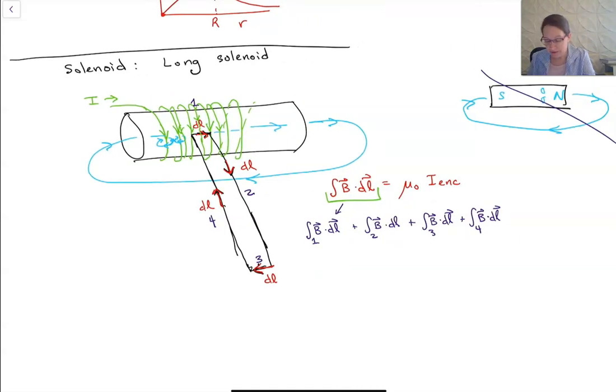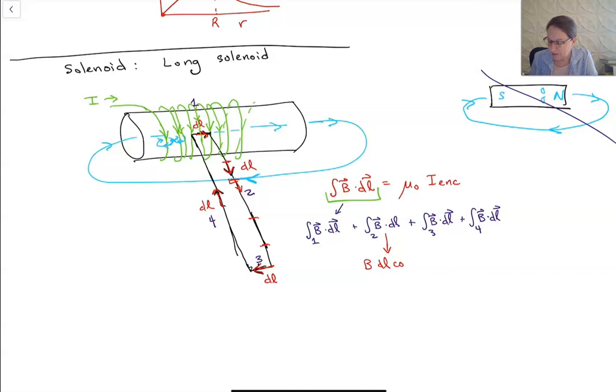And some of it is, but the first thing to notice is that from the way I've drawn things, on side 2, the magnetic field is going in this direction and dl is in this direction, and that's 90 degrees. So for side 2, I've got B times dl, and B is changing because it's stronger here, weaker here, and weaker even further out because we're further away.